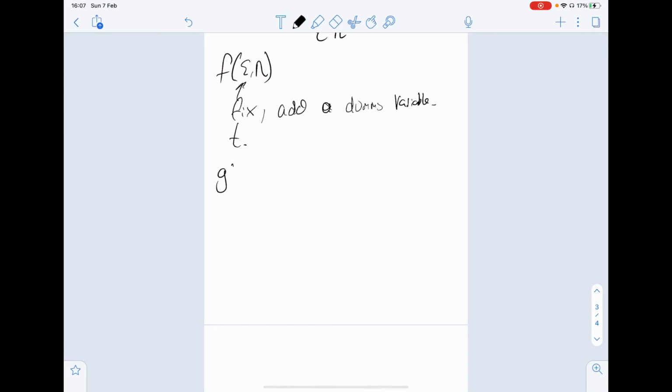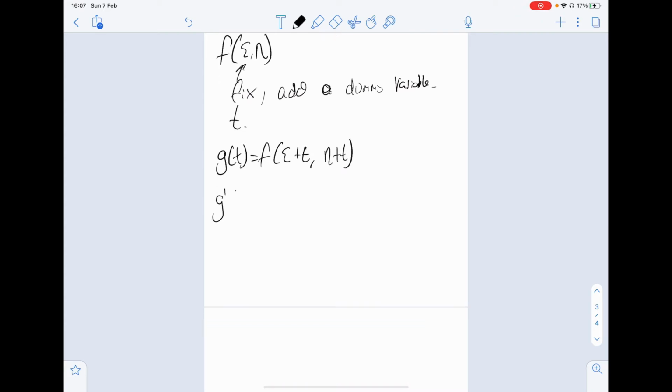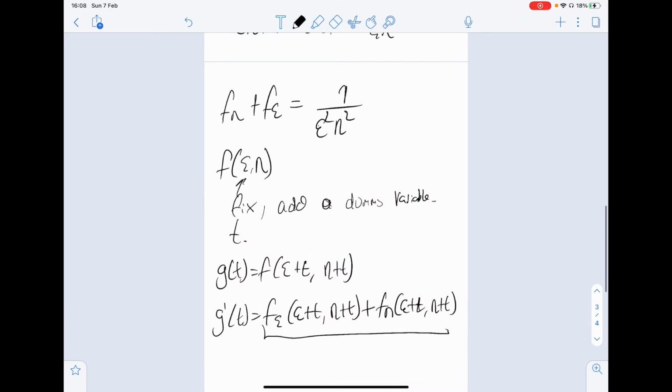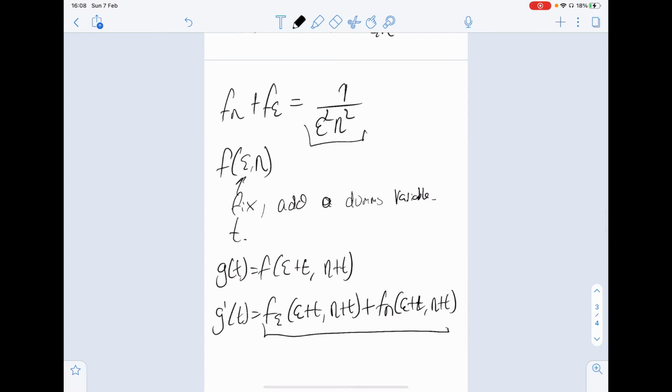So we have g of t is equal to f of epsilon plus t, eta plus t, and simply by the chain rule of this, we get that g prime of t is equal to f sub epsilon plus f sub eta at epsilon plus t, eta plus t. And so this is simply equal to what we have up here, but with plus t.